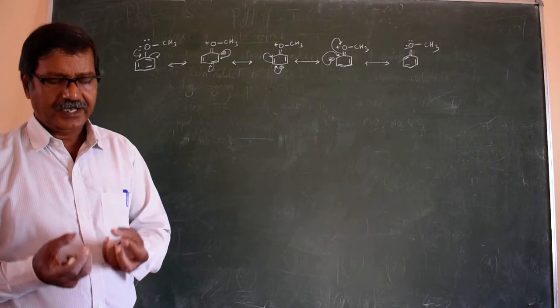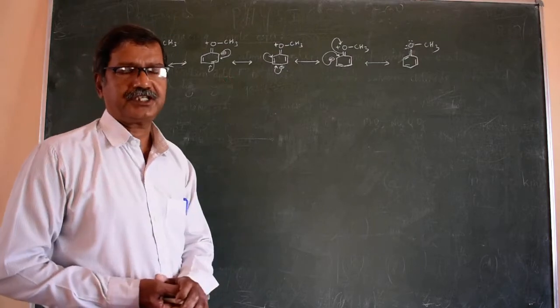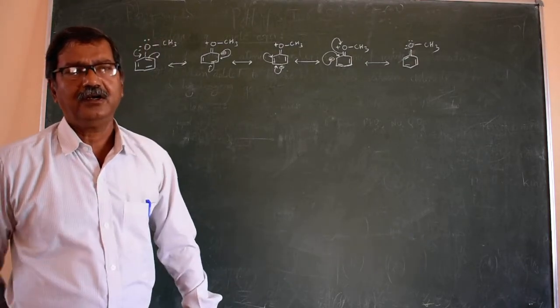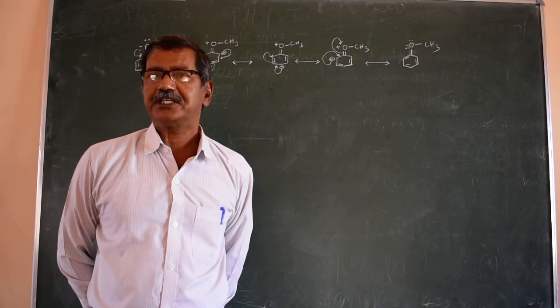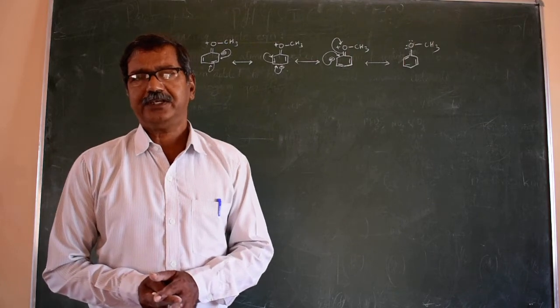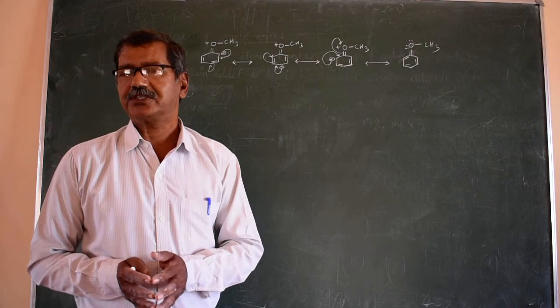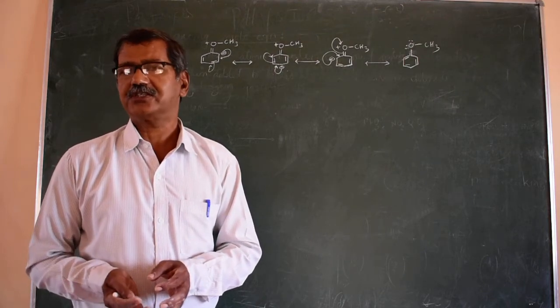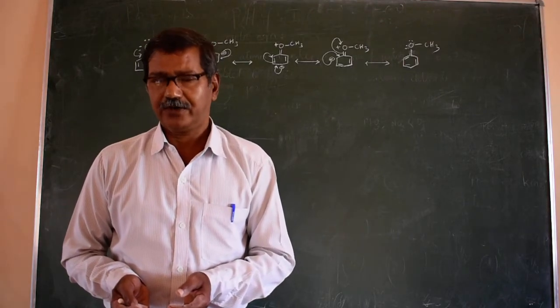The attacking reagent attaches to the ortho and para positions, giving ortho and para products. Already we have studied bromination of anisole. That bromination takes place in ethanoic acid, that means ethanoic acid or acetic acid is the solvent, and you are getting ortho and para products.